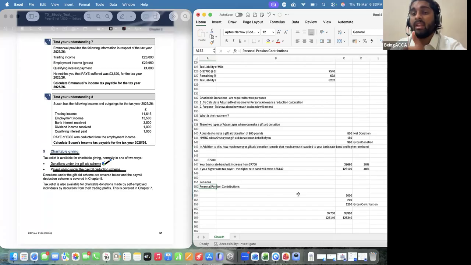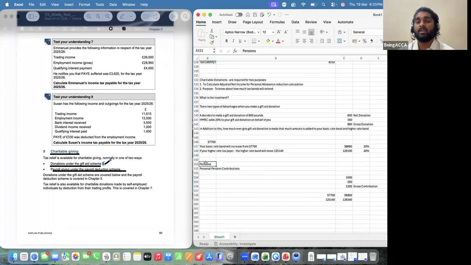Same thing will happen. First, it is 1000. First, it will increase by 200, by 20%, and next, what will happen? Your rate bands will extend. This is something that you will have to remember at any cost. These are the two important points.